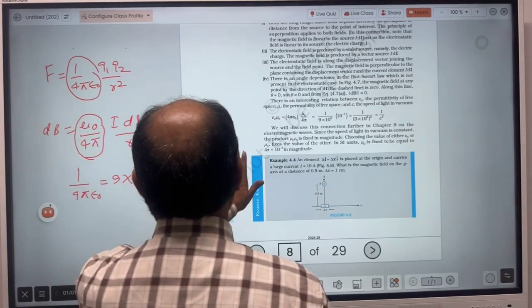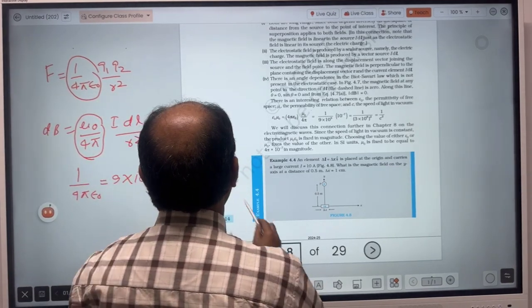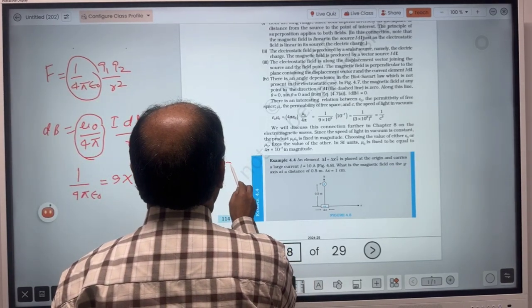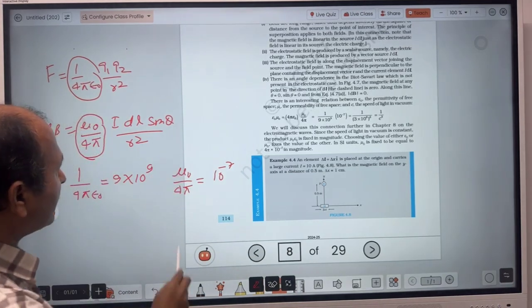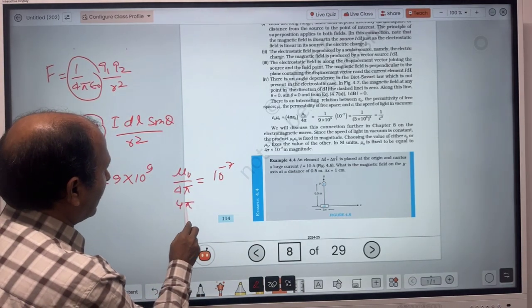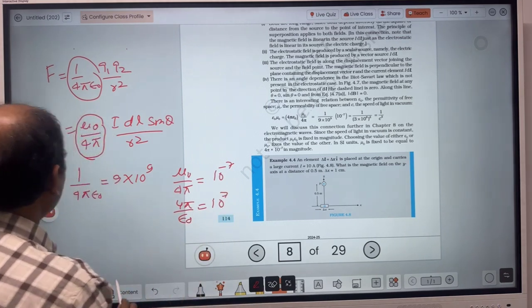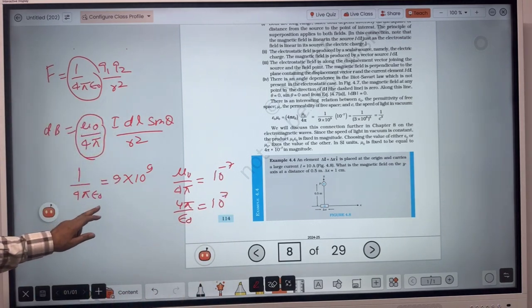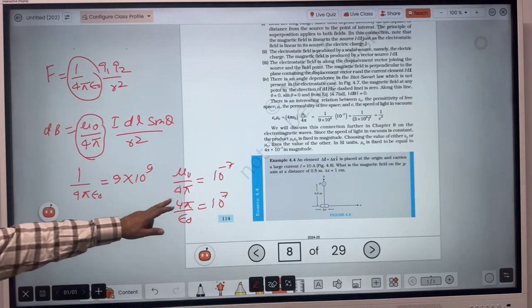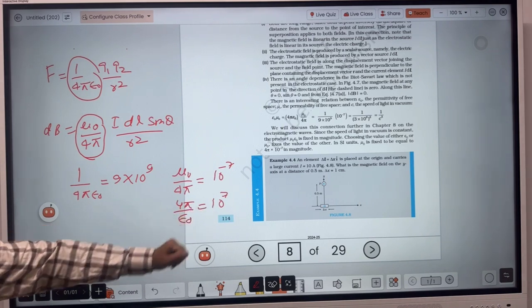If we write it as 4 pi upon mu naught, then it will become 10 power 7. 1 upon 4 pi epsilon naught equal to 9 into 10 power 9, and 4 pi upon mu naught equal to 10 power 7.